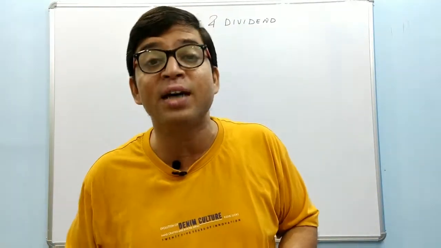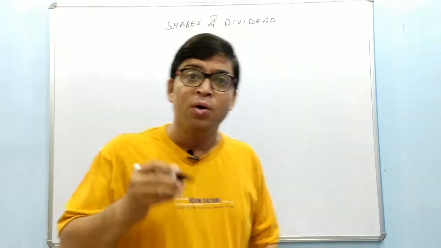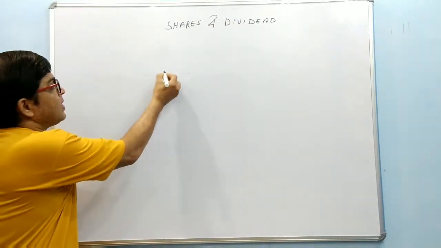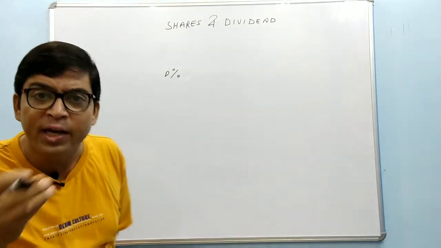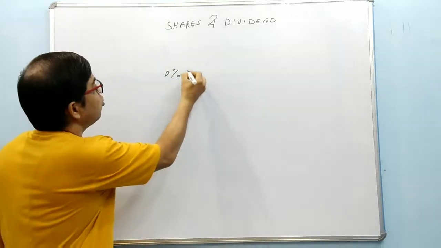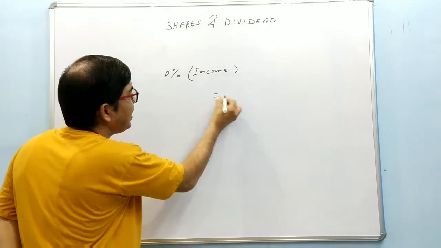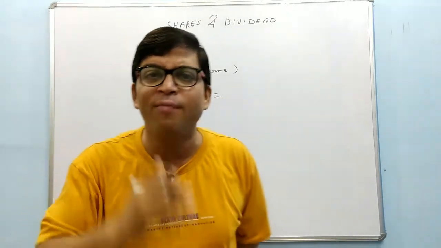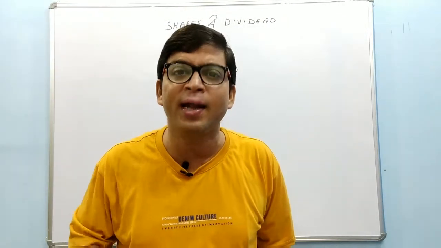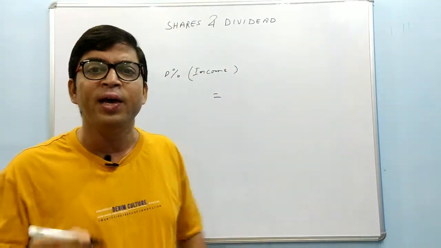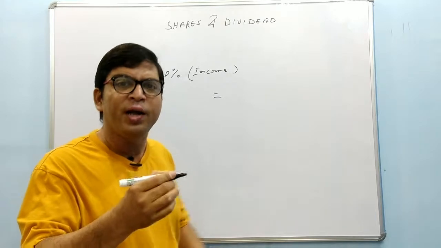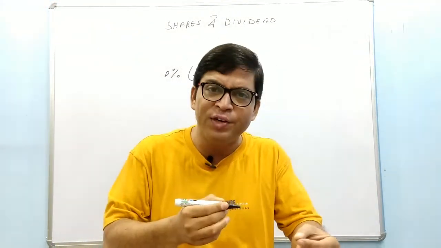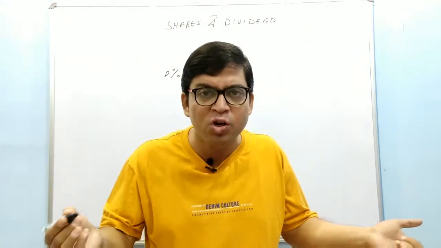Now we will see some formulas. See here, dividend percent is also known as the total income. You need not remember it, you can derive it very easily. If I am making a profit of 10%, that means 10 by 100 into the value of a share into the number of units I got.